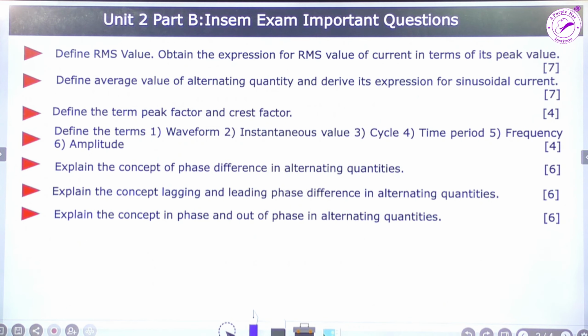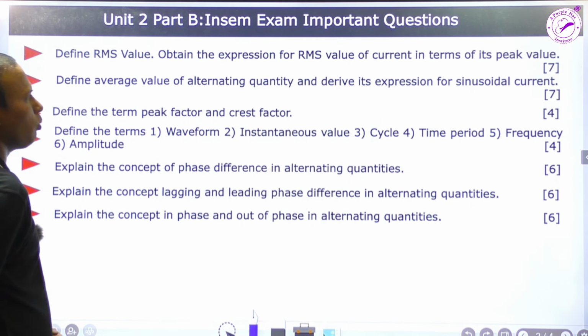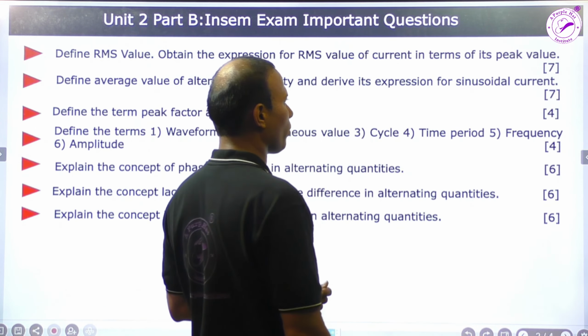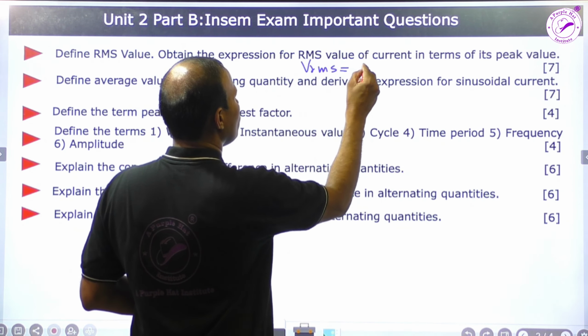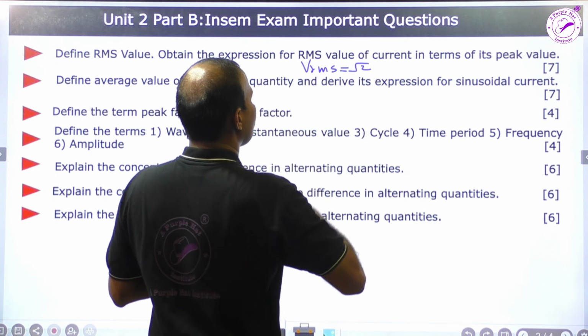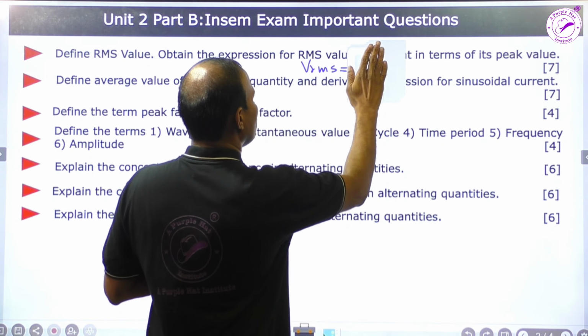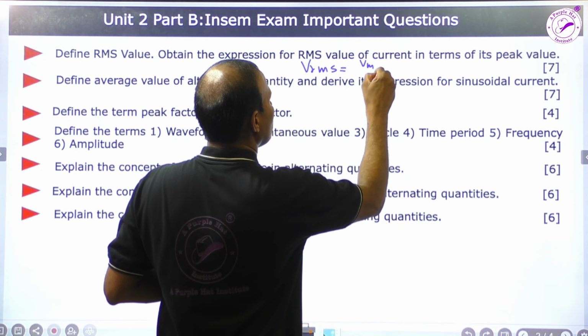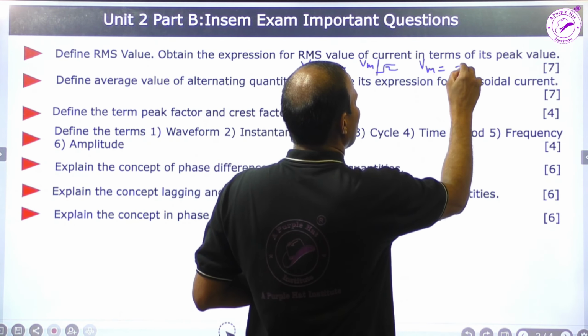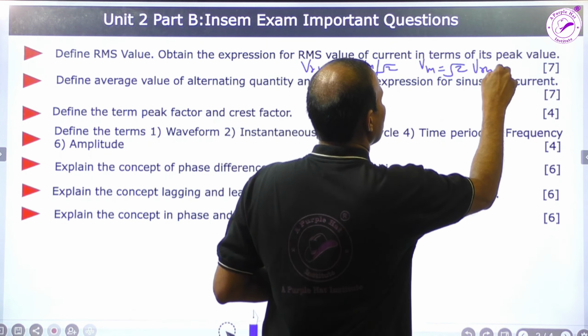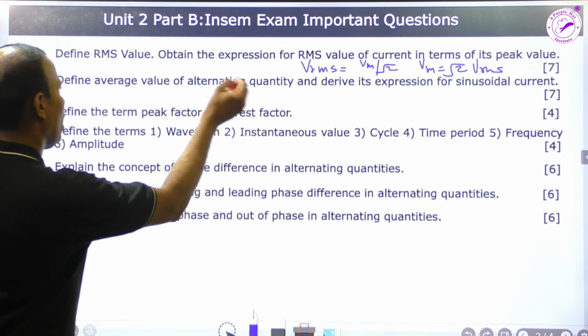Next is part two, find RMS value. Obtain the expression for RMS value of current in terms of its peak value. Yes, we know Vrms is equal to Vm by root 2, and Vm is equal to root 2 times Vrms. Similarly, this also applies to current.